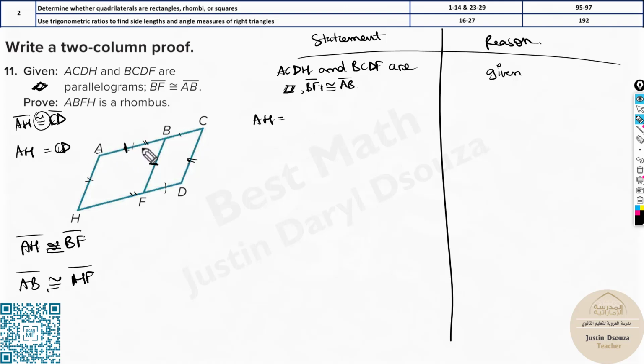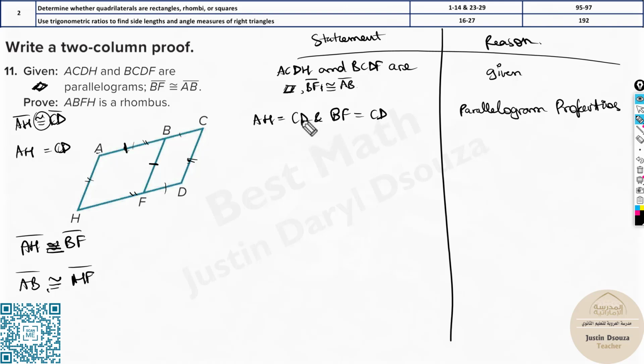Now, AH is equal to CD. And what else? BF is equal to CD. Why? Because it's a parallelogram. Parallelogram properties. You can write your own reasons. I'm writing my own properties. Okay, next.